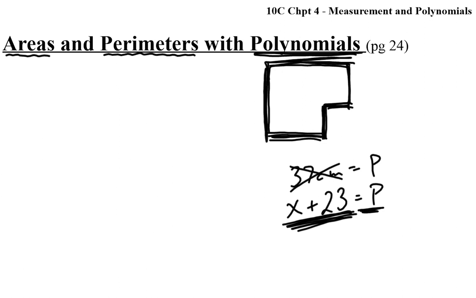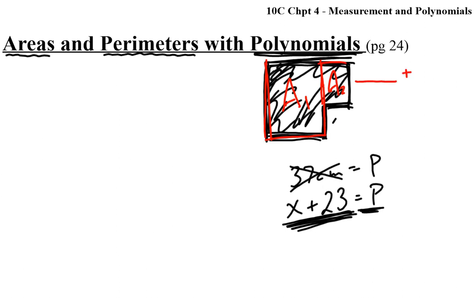Same thing with area. And we'll review this, but if I wanted the area of this object, I would want to know all of the space that it covers. Well, in that case, we would have to split it into two shapes, area 1, area 2, get length times width, and get some kind of an expression, plus length times width, some kind of an expression, and we're going to end up with some kind of an expression for the area.